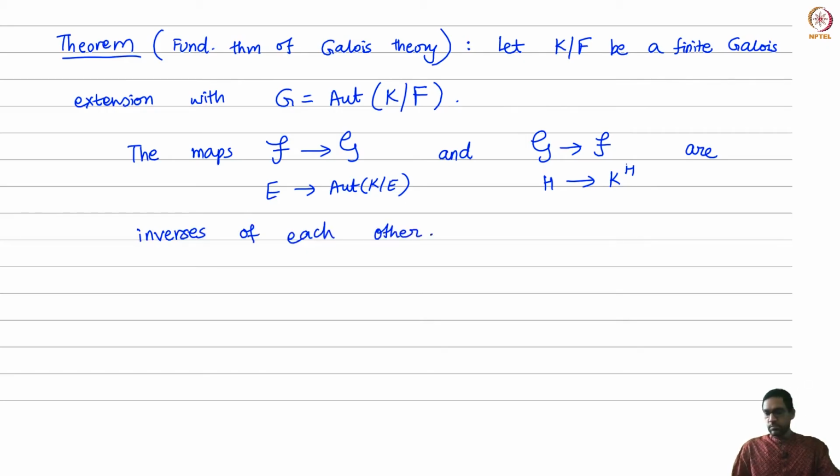Therefore they are both bijections, because they both have inverses. So these maps give you a bijective correspondence between the set of intermediate subfields and the set of subgroups.